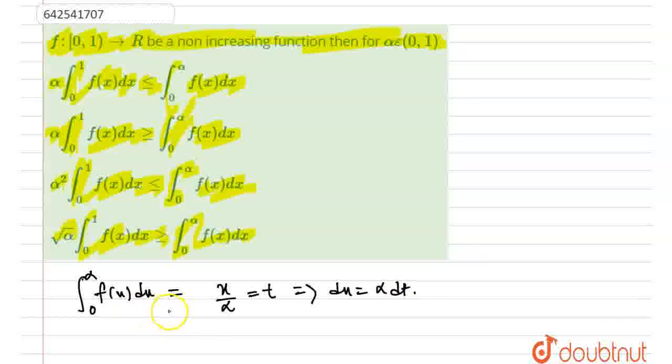Then this integration would reduce to integration, when x is alpha, 1 to 0, f on alpha t dt times alpha. This integration reduces to this.